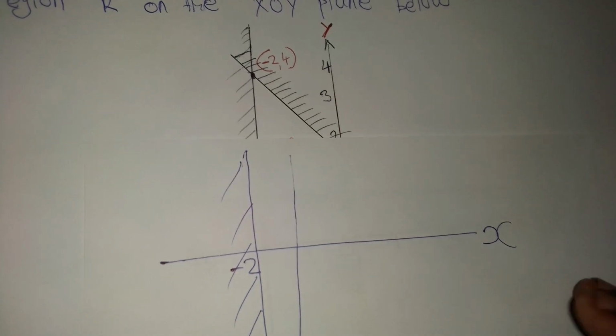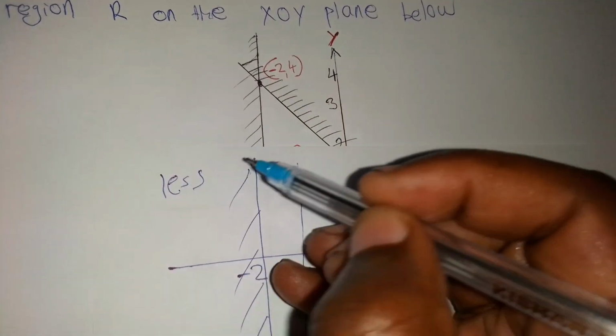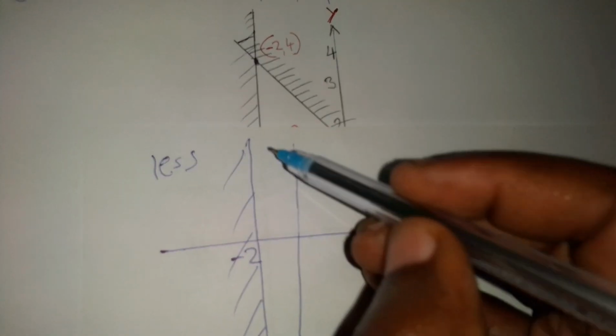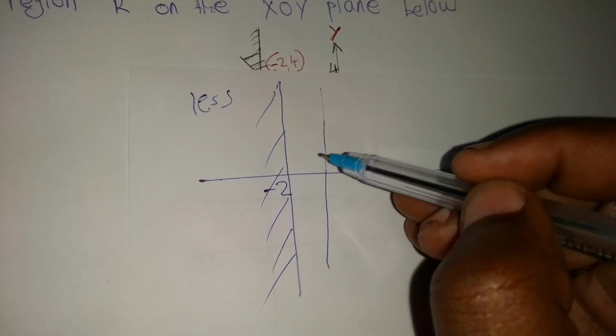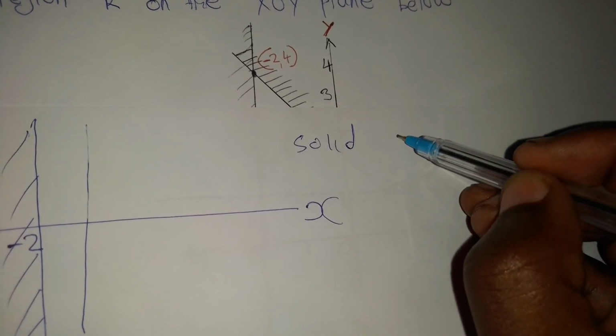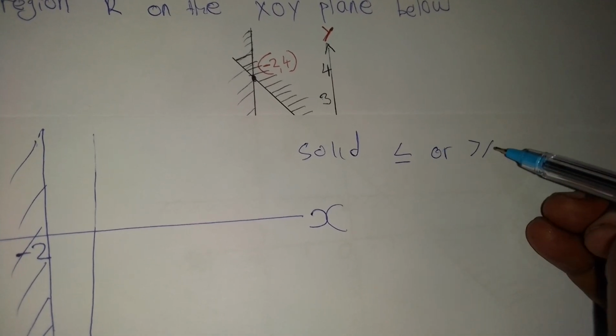Now, for the sake of interest, this part is less than. The line is solid, by solid I mean it is not dotted. Remember, a solid line is represented by less than or equal to, or greater than or equal to.